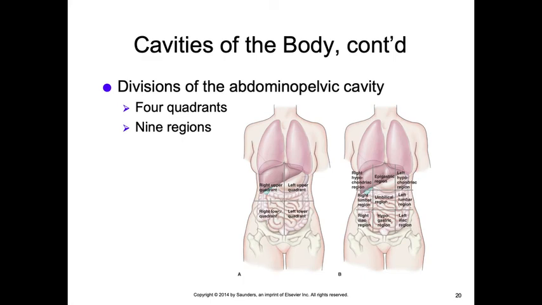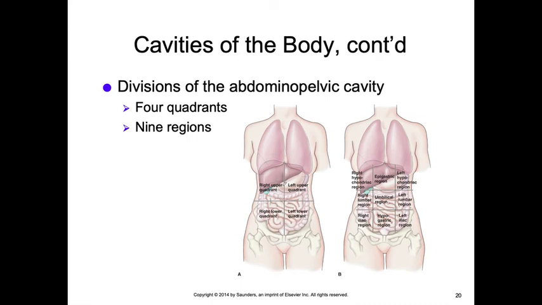In the right lower quadrant, we have the appendix, the cecum, the ascending colon, portions of the bladder, and small intestine, okay? And we also have in the right lower quadrant the ureters. In the left lower quadrant, we have bladder, we have small intestine, descending and sigmoid colon, and portions of the rectum and anus, which are in both the right and the left lower quadrants.